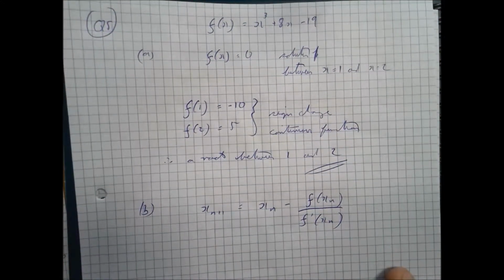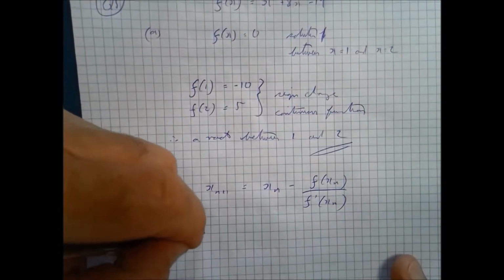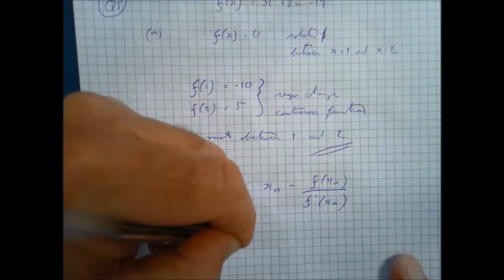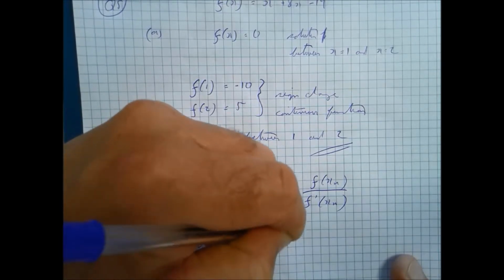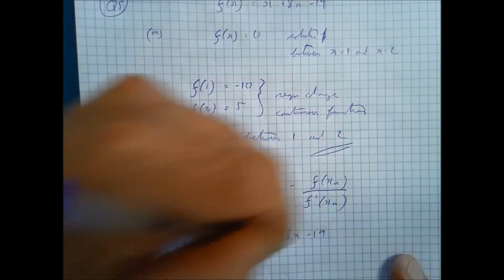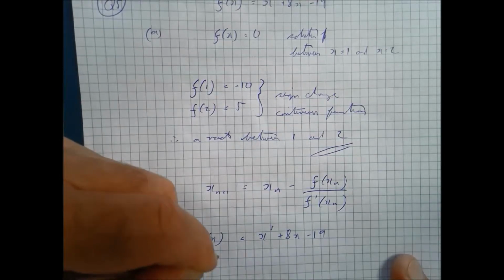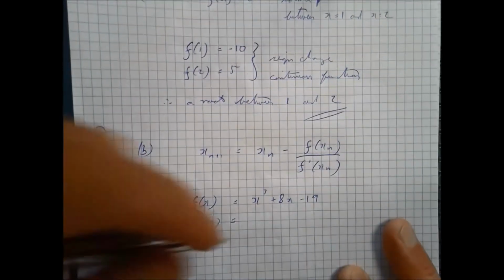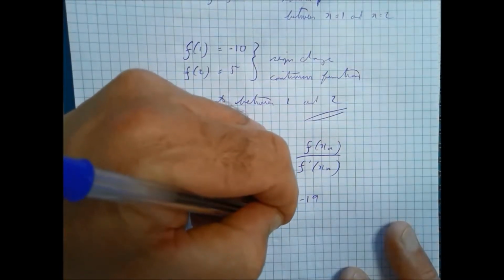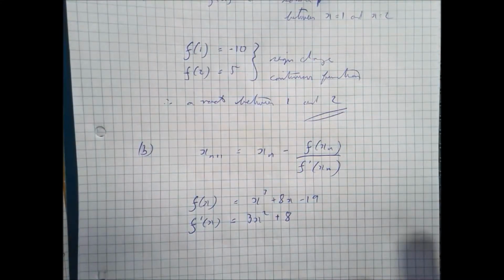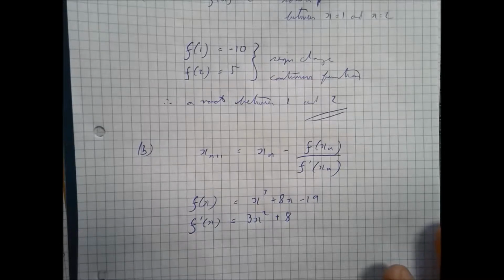So in this case I'm going to need to differentiate. I have f of x equals x cubed plus 8x minus 19, f dash x equals 3x squared plus 8.